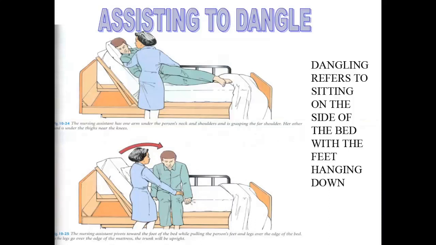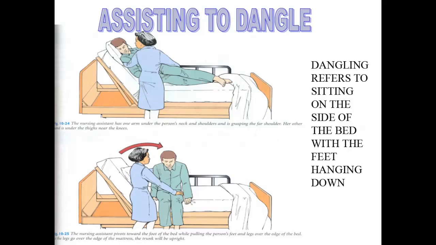How to assist a person to dangle? Dangling refers to sitting on the side of the bed with the feet hanging down. The nursing assistant has one arm under the person's neck and shoulders and is grasping the far shoulder. Her other hand is under the thighs near the knees.